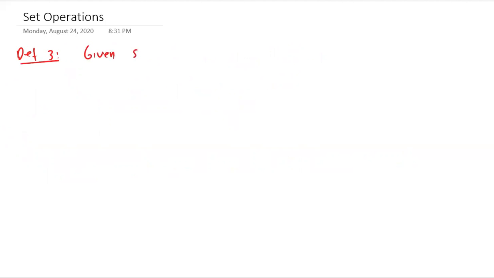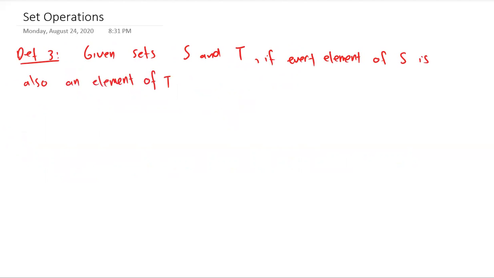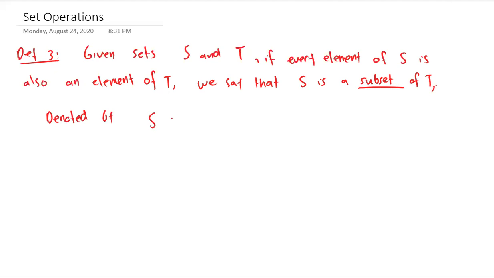Given sets S and T, so it's any sets S and T, if every element of S is also an element of T, then we say that S is a subset of T. We denote this by S, and then this symbol with a horizontal line, T.